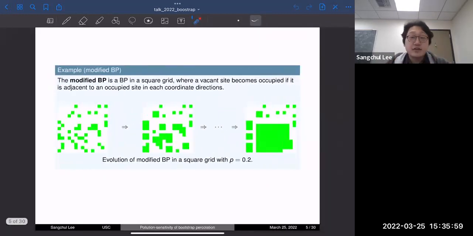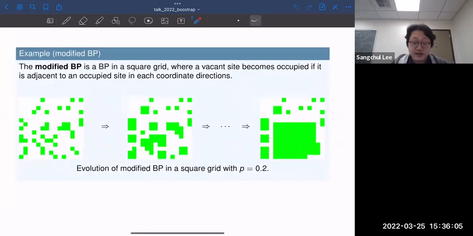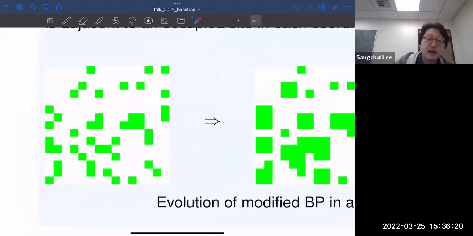A slight variant of this model is called modified bootstrap percolation. It is bootstrap percolation in a square grid where a vacant site becomes occupied if it is adjacent to an occupied site in each coordinate direction. For example, in modified bootstrap percolation in a square grid of dimension 2, each site will become occupied if it is adjacent to at least one occupied site in each of the coordinate directions, both vertically and horizontally.